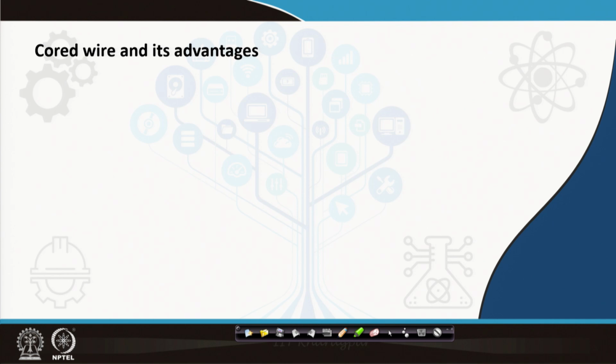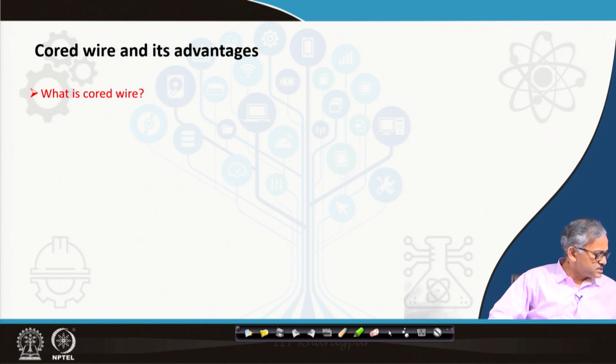Now, what is cored wire? As I said, cored wire is a hollow cylindrical casing made mostly of mild steel. It is a hollow mild steel casing packed with calcium powder, and it has the appearance of a wire.